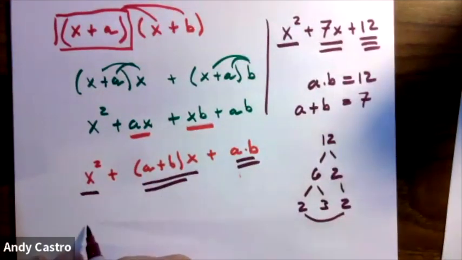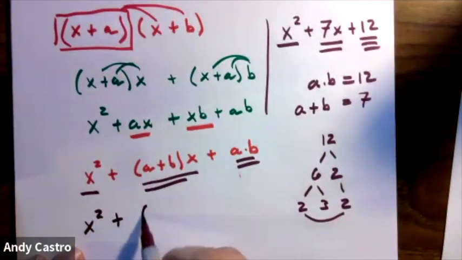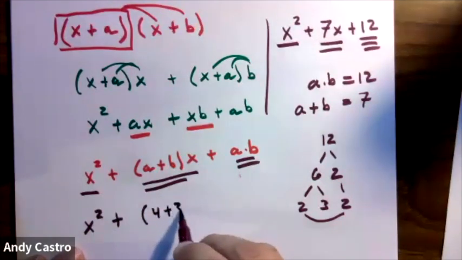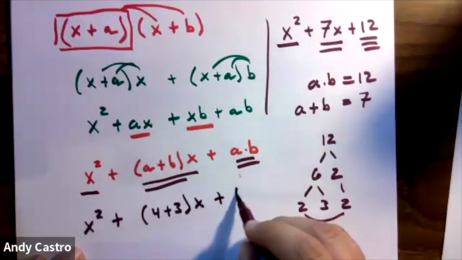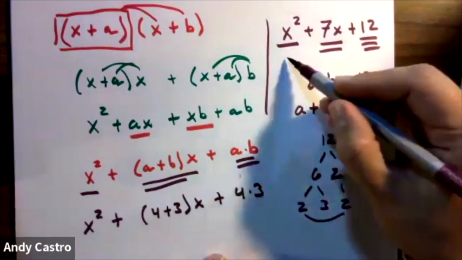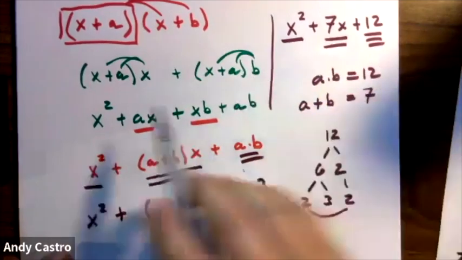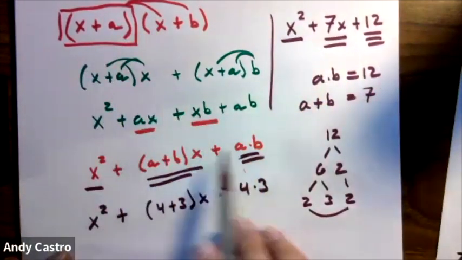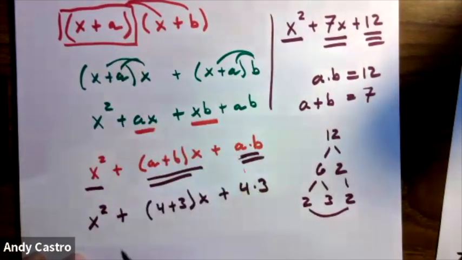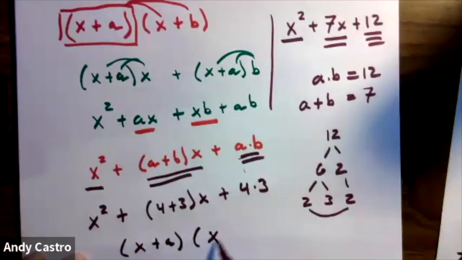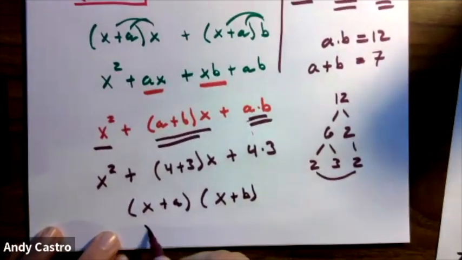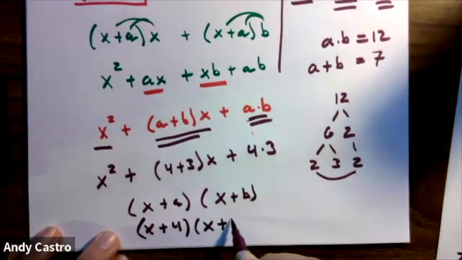And so here, we essentially have 4 plus 3, x plus 4 times 3. And that's the same thing as our initial. This is 7, this is 12. So that was the product of originally x plus a times x plus b. So now I'm just filling it with fours and threes. x plus 4 times x plus 3.